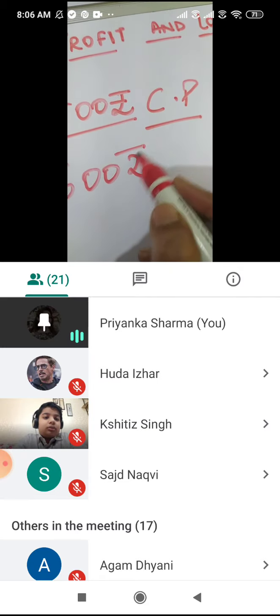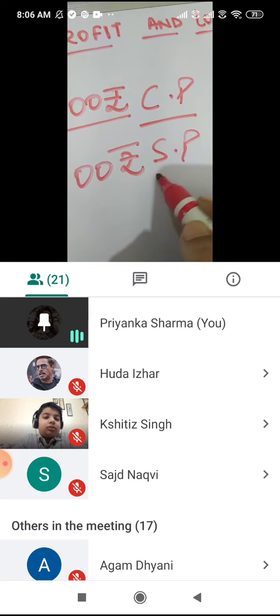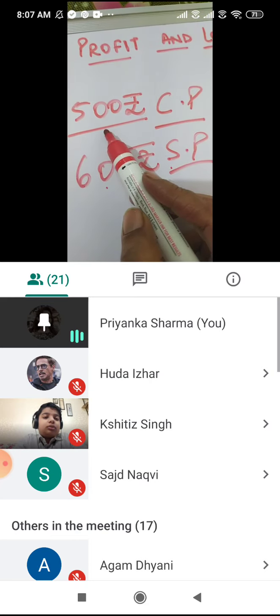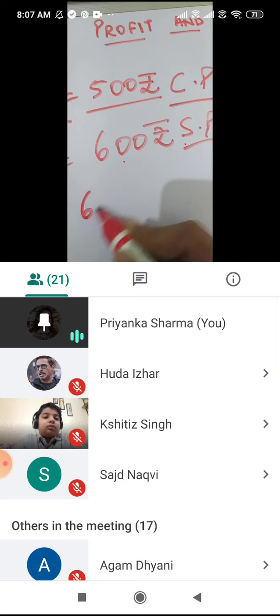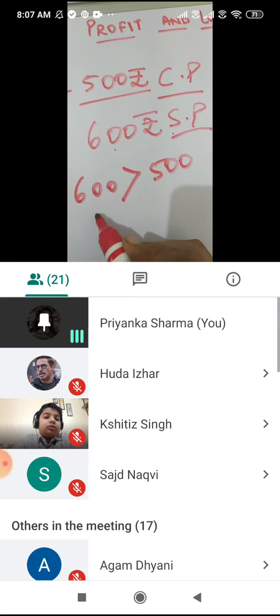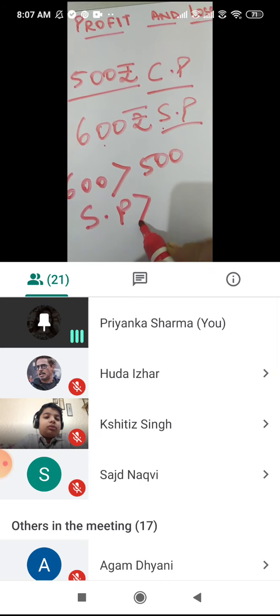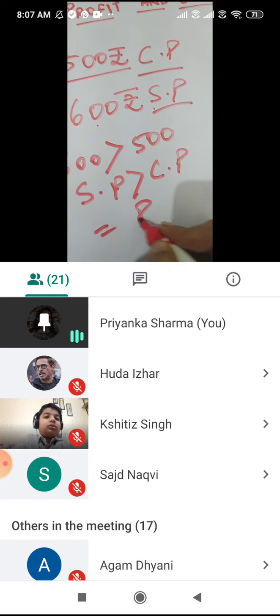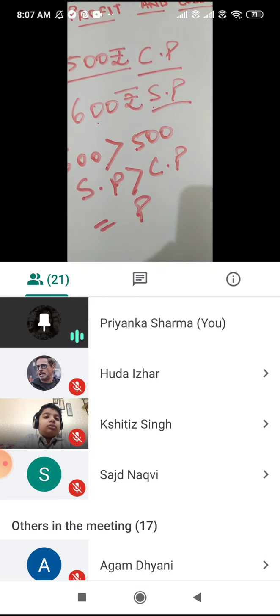So 600 yesterday was the selling price, SP. Here 600 is greater than 500, that means SP is greater than CP, so this means it is a profit. Yesterday we had studied this.